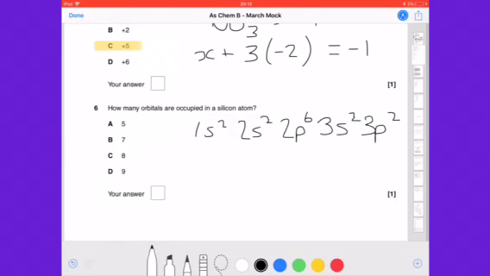Now, up to this point, what we have is we know that any s subshell contains one s orbital, and all of those have been filled so far. Any p subshell contains 3 orbitals, including the 3p subshell at the top here.